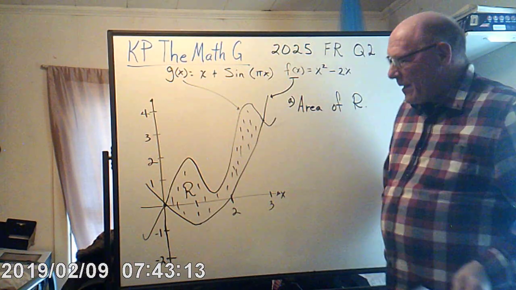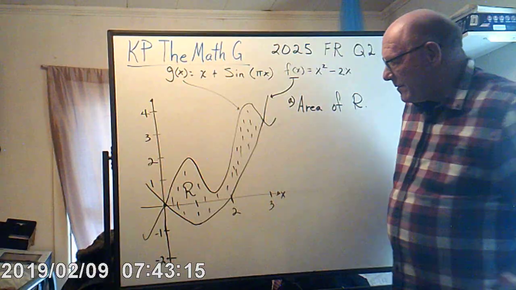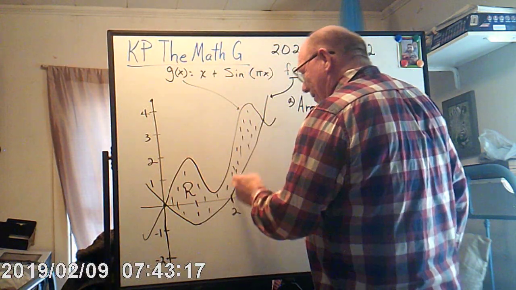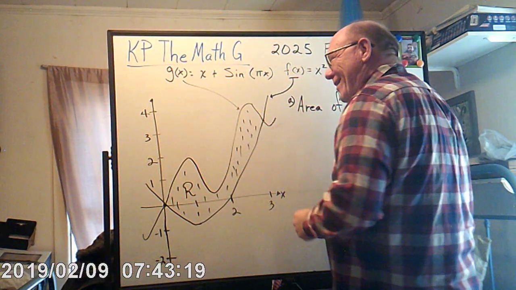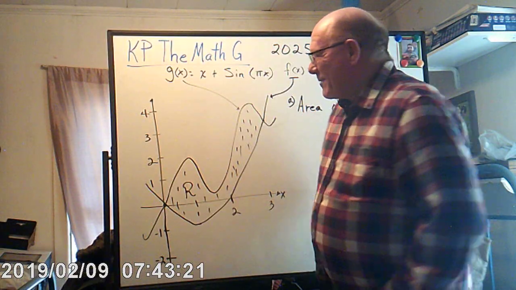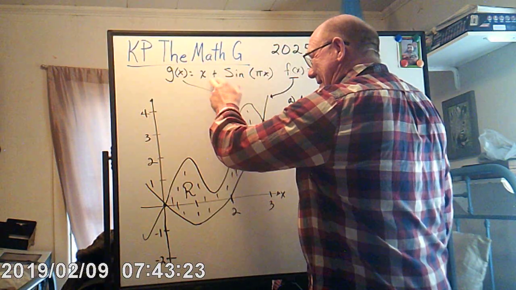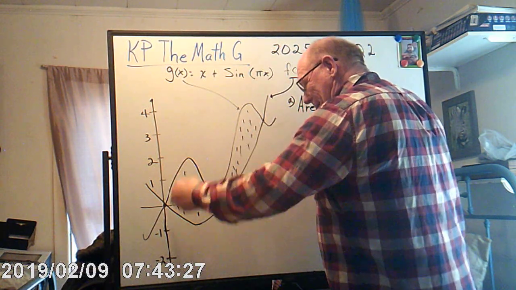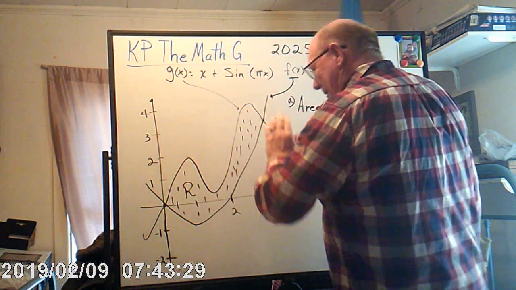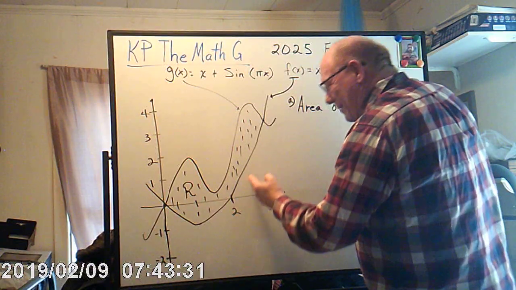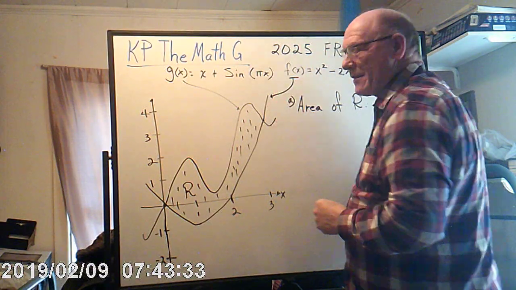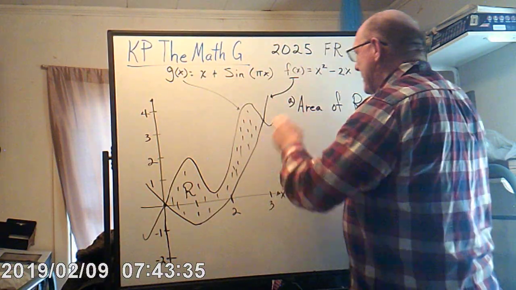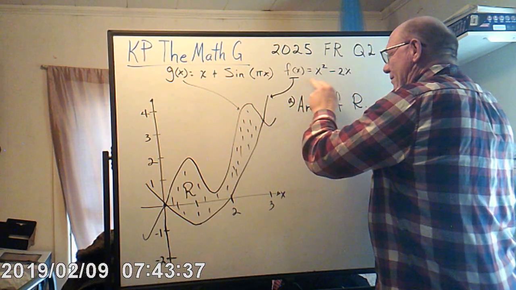Now notice here, I don't know whether I drew this exactly right or not, but this appears to be the graph of g at x, the top one. The bottom one down here, I should have done it in a different color, sorry about that, is the function f.